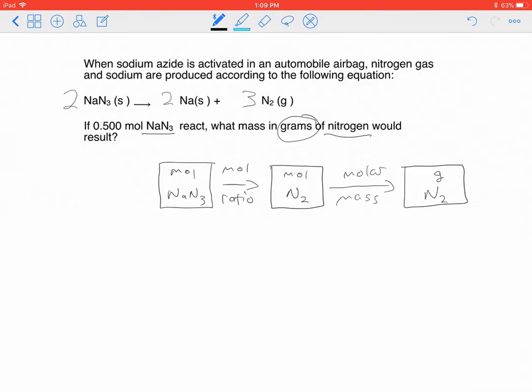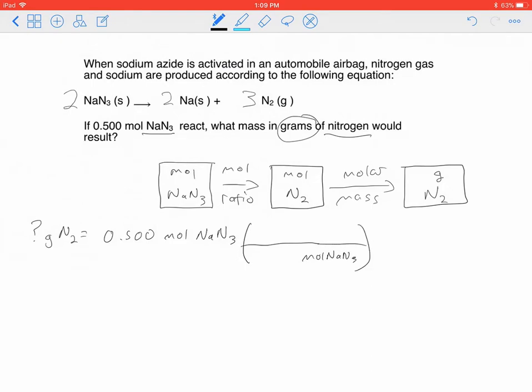Looking at this, I can see that this is all dimensional analysis, and I can do it all at the same time. So I'm going to show you that first. Question mark grams N2 equals my given, which is 0.500 moles sodium azide, which I'm going to immediately put on the bottom.